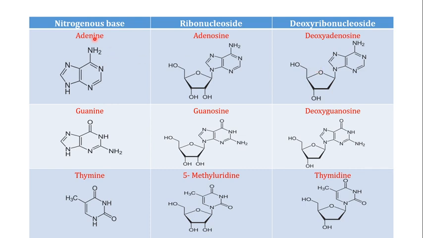So adenine is the base, adenosine is the ribonucleoside, and deoxyadenosine is the deoxyribonucleoside. This is true for all of the other bases as well. If you are using the term guanine, it is only the nitrogenous base. If you talk about its ribonucleoside, that is known as guanosine, in which the guanine base is attached to a ribose sugar.